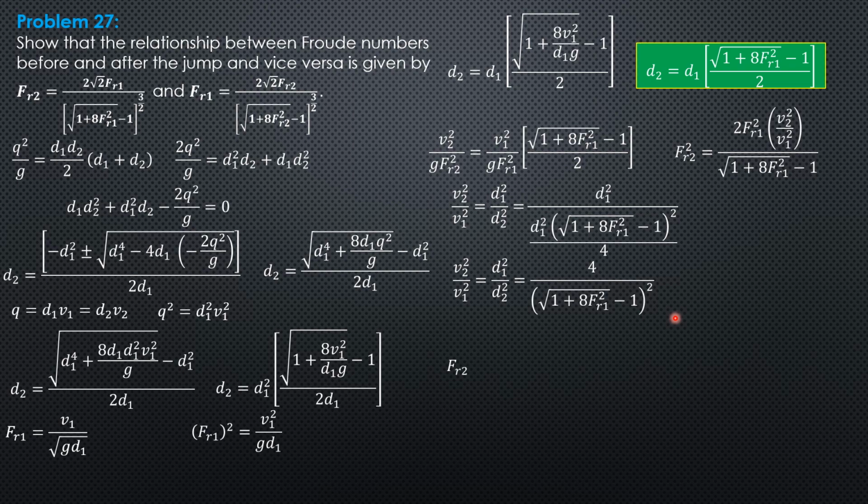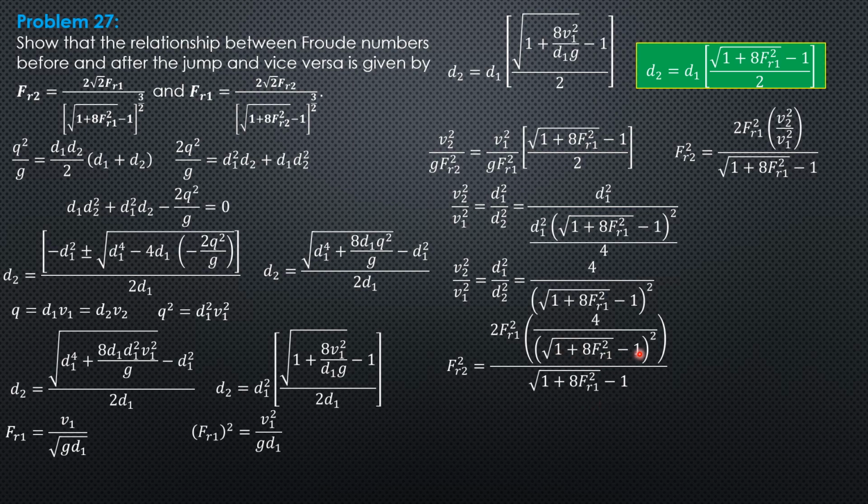So fr2 square, therefore, from this equation here is equal to 2 fr1 square times v2 square over v1 square, which is equal to this. So we just copy it. Then divided by this denominator, square root of 1 plus 8 fr1 square minus 1.